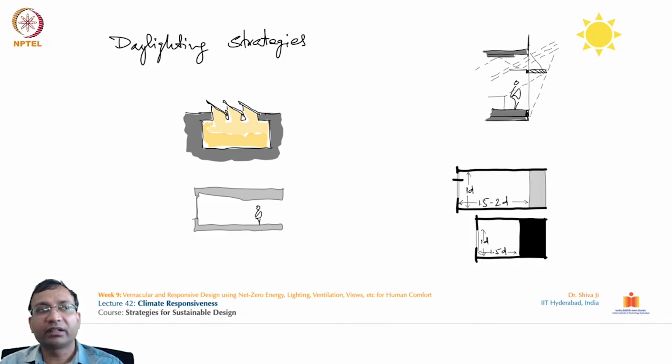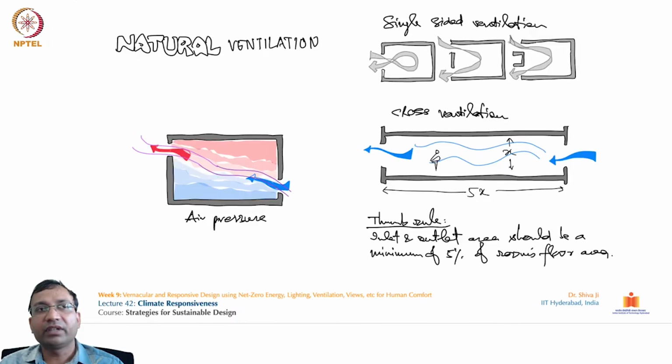Further, for promoting natural ventilation, we have some solutions over here, like how we can devise openings in the building structure to control the wind, or to control the flow of the wind inside our structures.